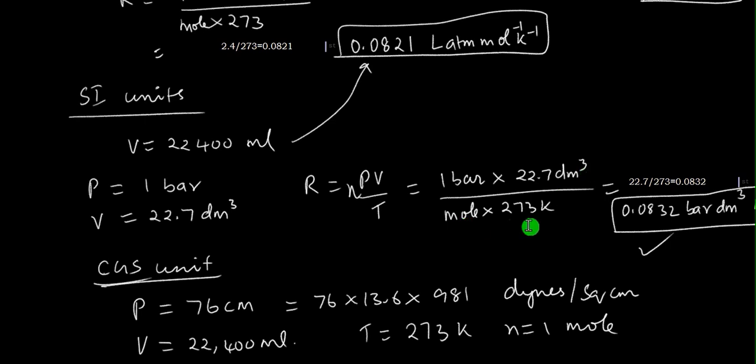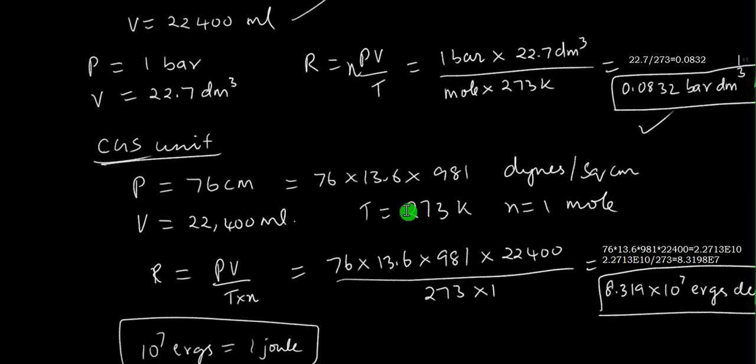If you divide 22.7 by 273, you will get 0.0832 bar decimeter cube per mole per Kelvin. In either case, for all practical purposes you can take this value as 0.08. We can take 0.08 liter atm per mole per Kelvin, or 0.08 bar decimeter cube per Kelvin per mole.